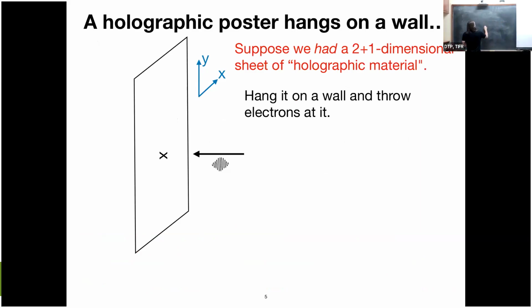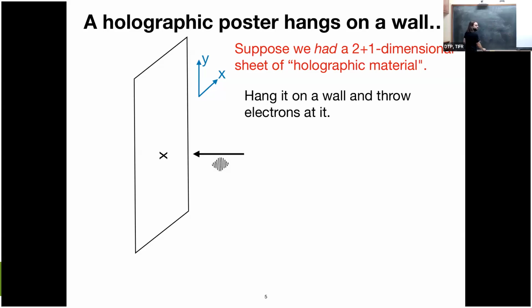So there will be some coupling, an interaction between some operator O in the CFT and our electrons. Which means that if you throw an electron at the screen, there's a chance that it gets absorbed by the CFT. And from the viewpoint of the CFT, this is just like integrating O against some wave packet on this square.